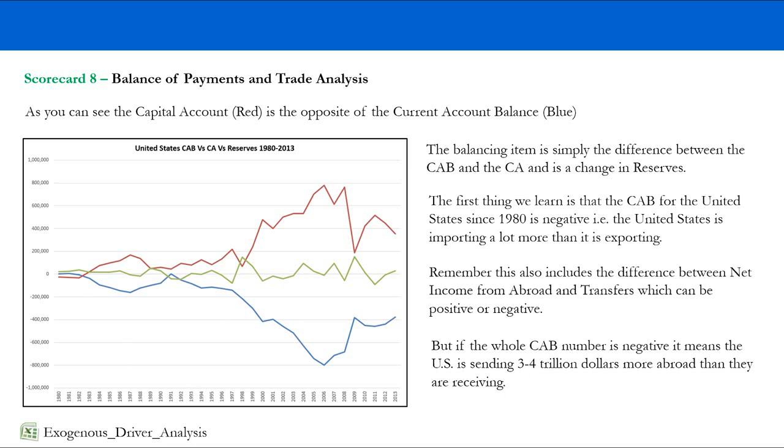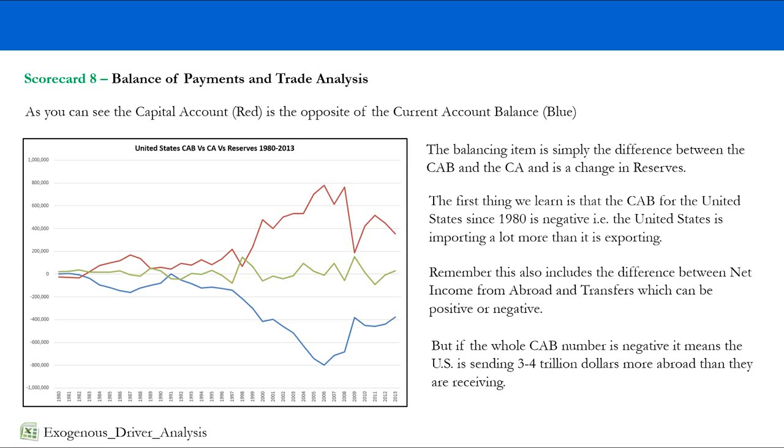But also remember that this includes the difference between net income from abroad and transfers. So that's also in the equation, and that number can be positive or negative.